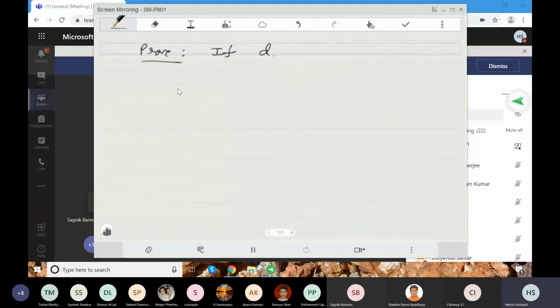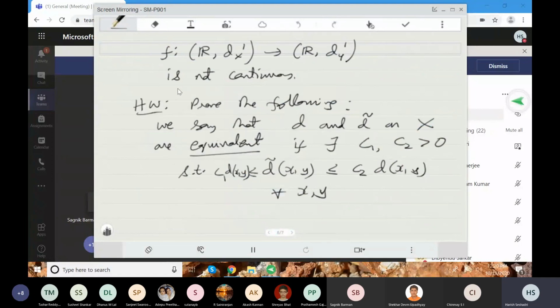The notation is d is equivalent to d tilde.